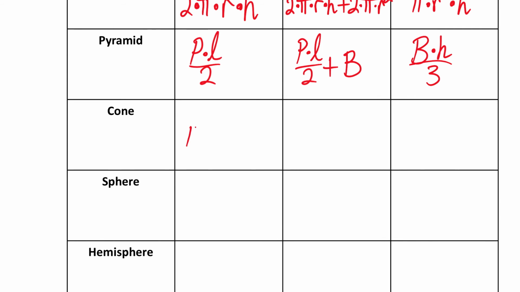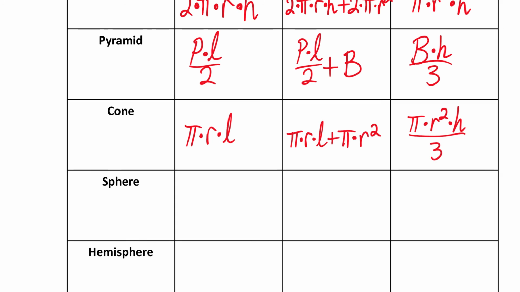Okay, for a cone, lateral surface area is pi rL. Total is pi rL plus pi r squared. And volume is pi r squared times h divided by 3.